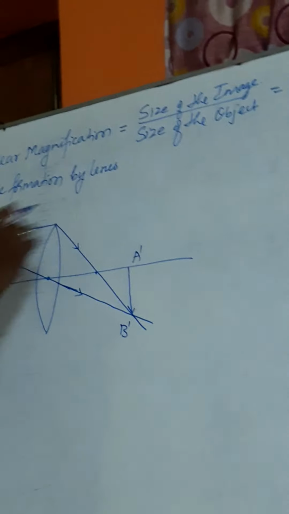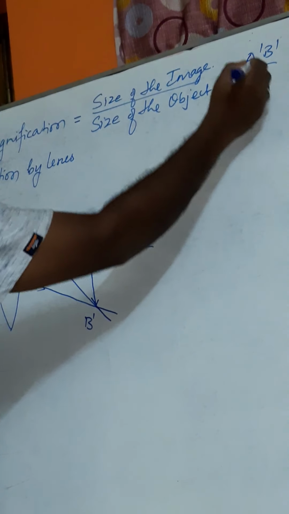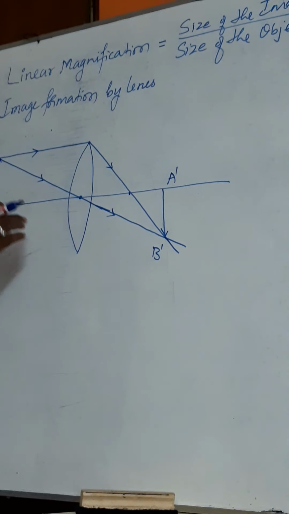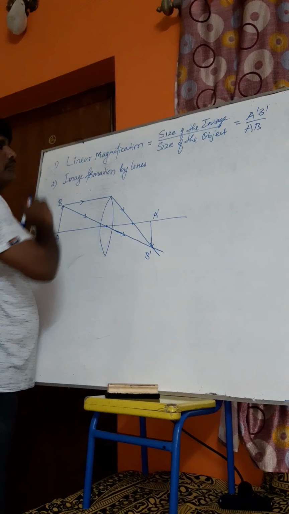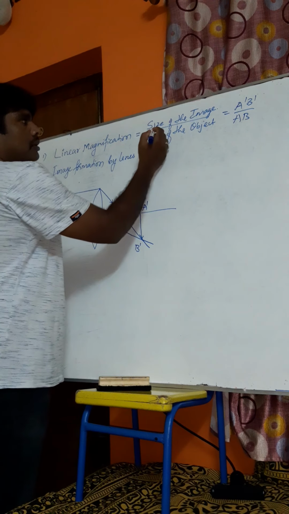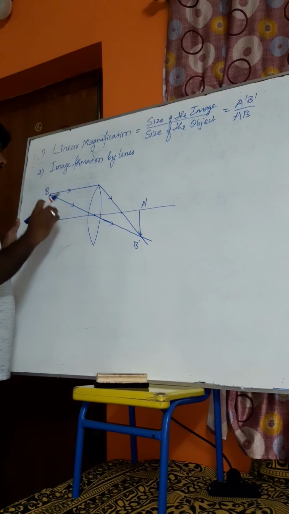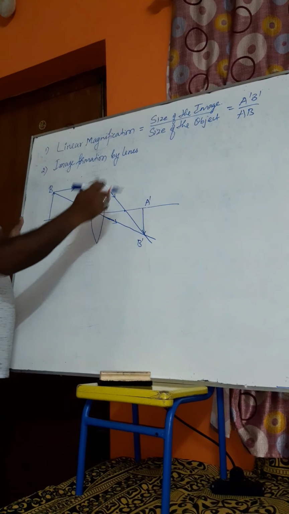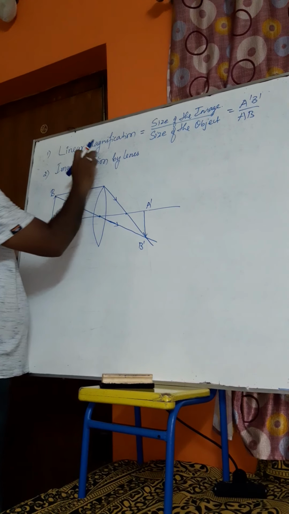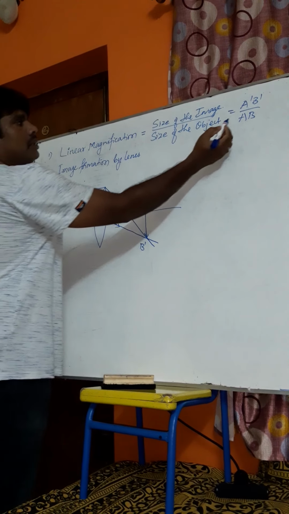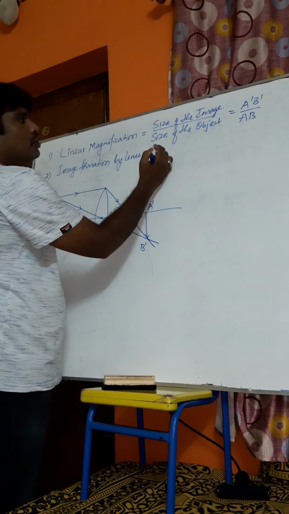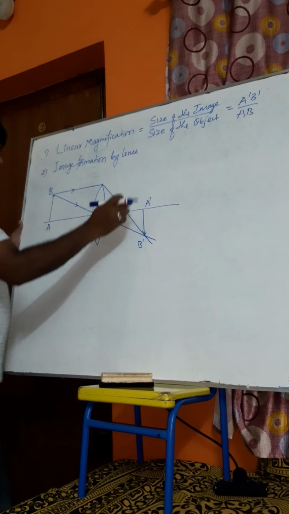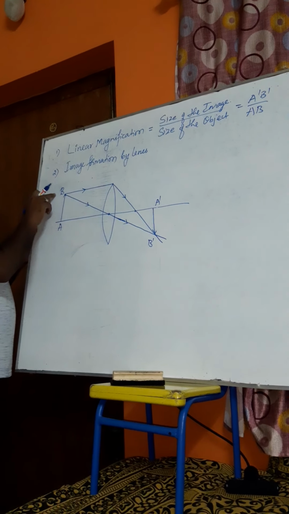The size of the object is AB. I am considering only linear size. Linear means length has to be considered. The dimension is length. That's why it is called linear magnification. Both are sizes, so it is measured in meters in the SI system, centimeters in the CGS system. So here it becomes a unitless number. Linear magnification is a unitless number. It is defined as the size of the image to the size of the object. So mathematically it can be represented as A dash B dash divided by AB.